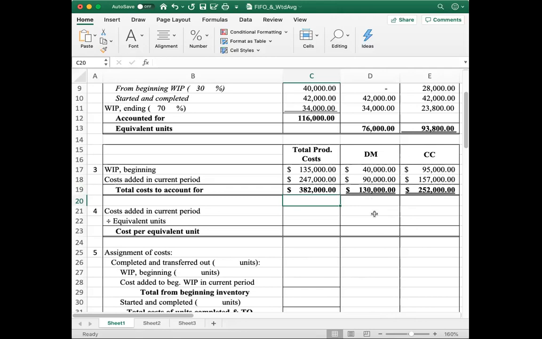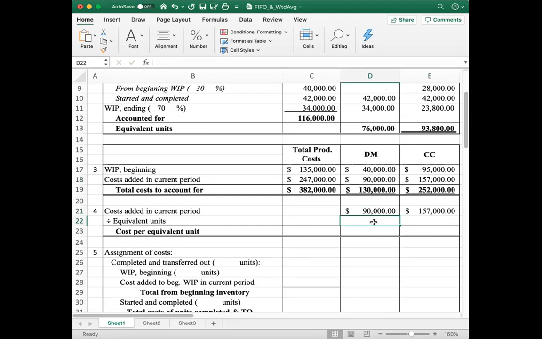Only the cost you incurred during this period should be included. So we exclude the cost of the beginning work in process. We only use the cost added during the period, which is 90,000, and the conversion cost added during the period, 157,000.